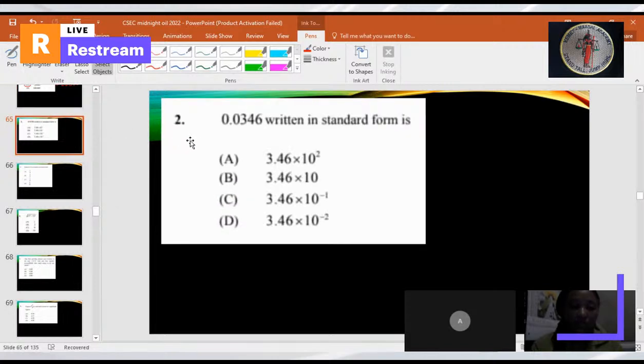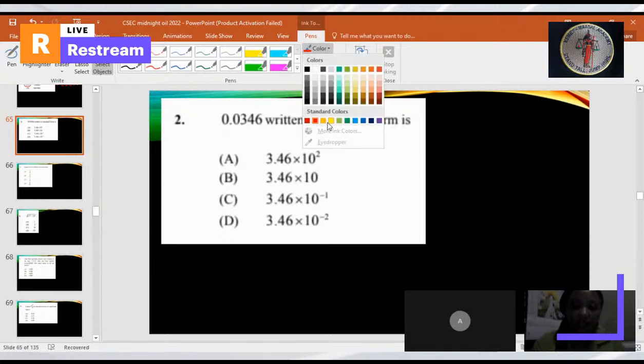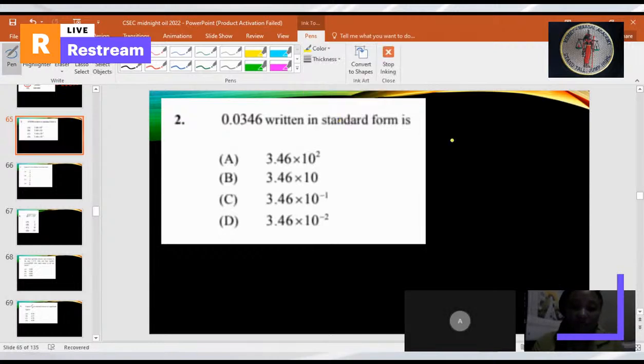All right, so number two, 0.0346, written in standard form. So when we're writing in standard form, we want to have one digit to the left of the decimal point. I mean, we only want a digit in the ones place and everything else as a decimal.